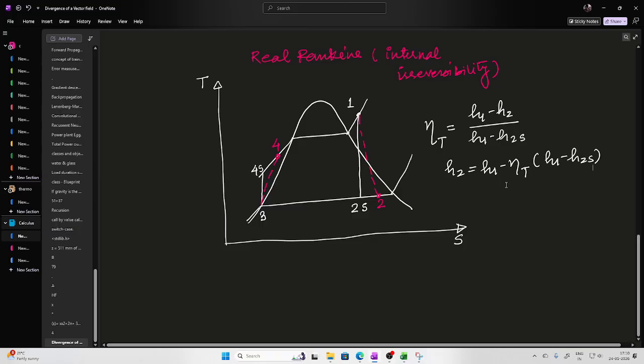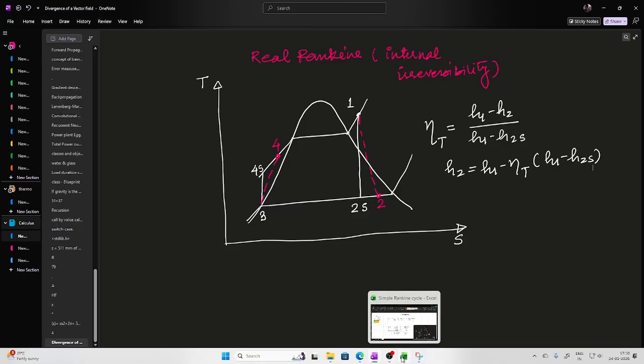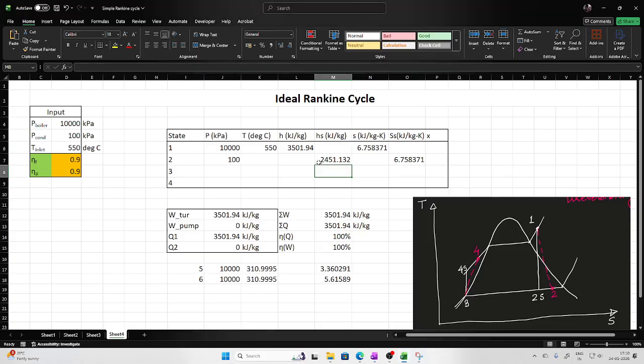So we will be evaluating this. The actual enthalpy at this point will be equal to enthalpy H1 minus efficiency of turbine times (H1 minus H2S), that is M7. So it is M7.